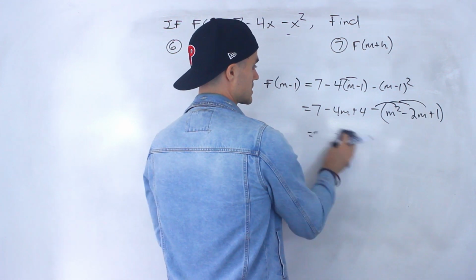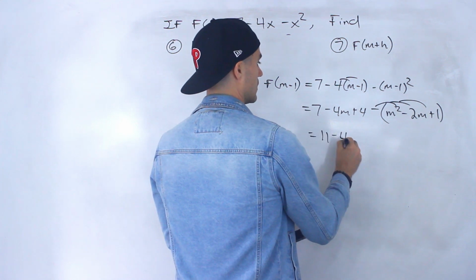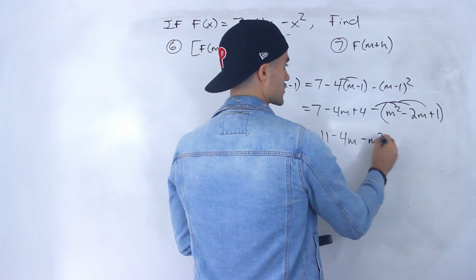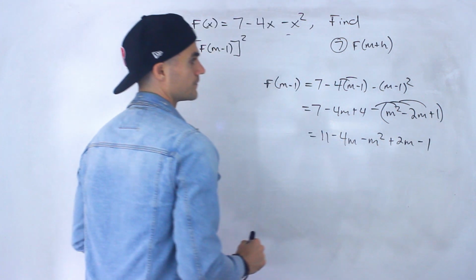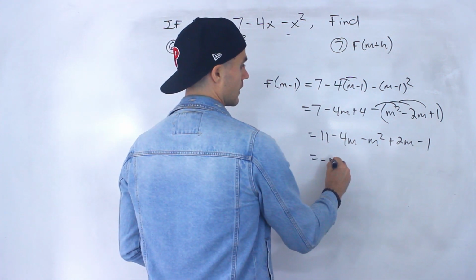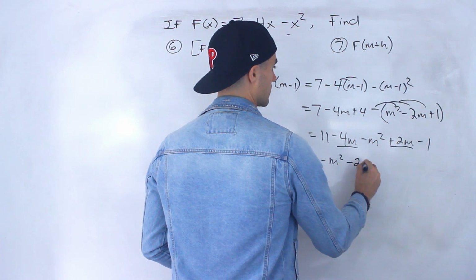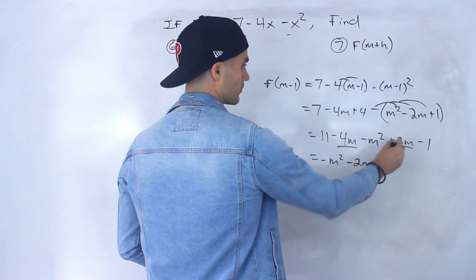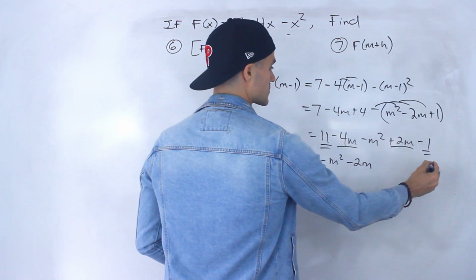Let's simplify. 7 plus 4 is 11. And then we'd have minus m squared plus 2m minus 1. And then we'll have negative m squared. Negative 4m plus 2m is negative 2m. And then 11 minus 1 is 10.